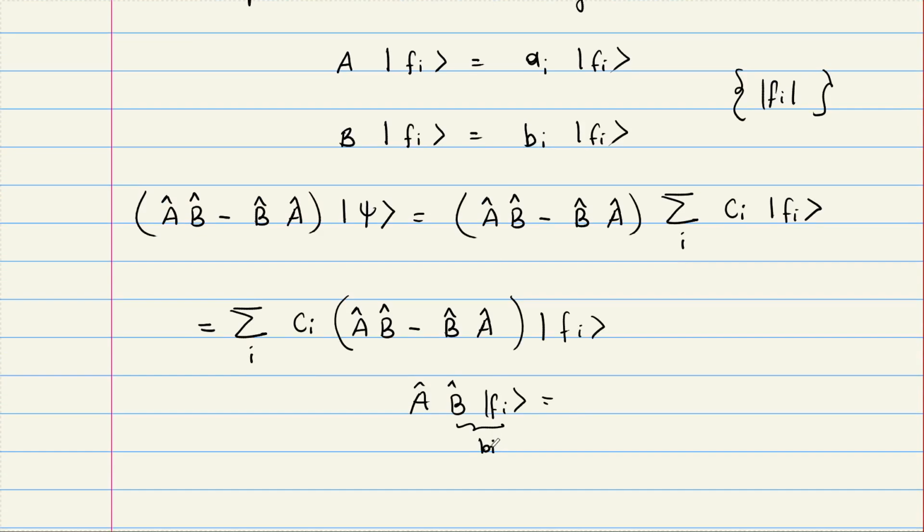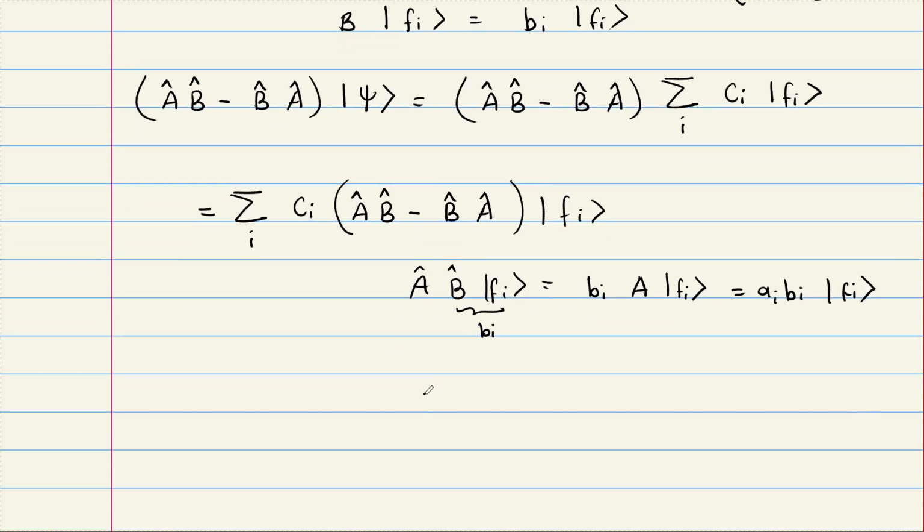And now b_i is a number. The thing we like about numbers is they just go around, and I take it outside. Now I hit with A on f_i. What is this? This is the assumption. This is going to be a_i b_i f_i. And similarly, I can do the same thing with B A f_i, and this is going to be exactly the same thing: a_i b_i f_i.